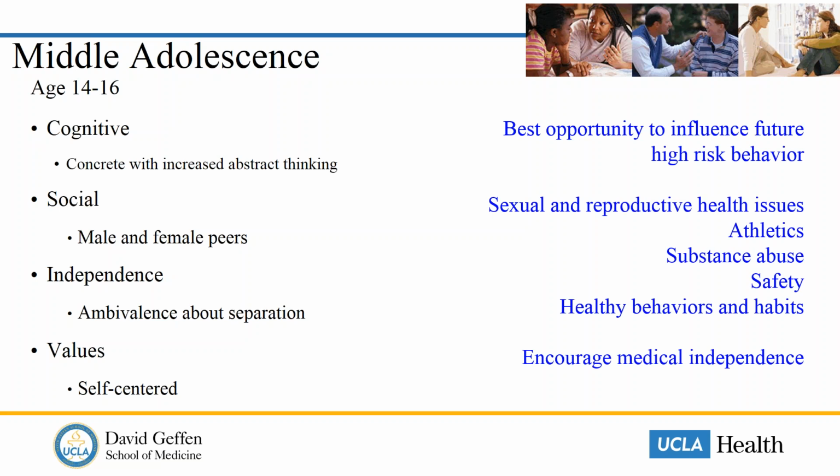It's really the best opportunity to influence future high-risk behavior, things like risk-taking, use of illicit substances, and alcohol use. It's important to start addressing sexual and reproductive issues, appropriate athletics, and being safe. And this is a good time to start encouraging medical independence.